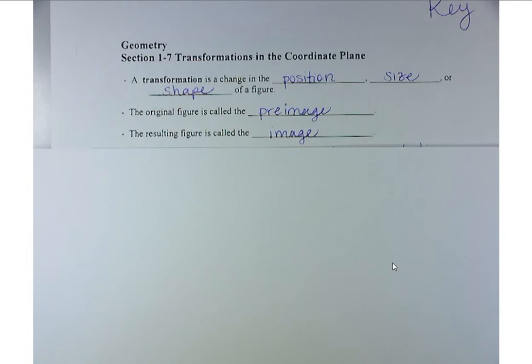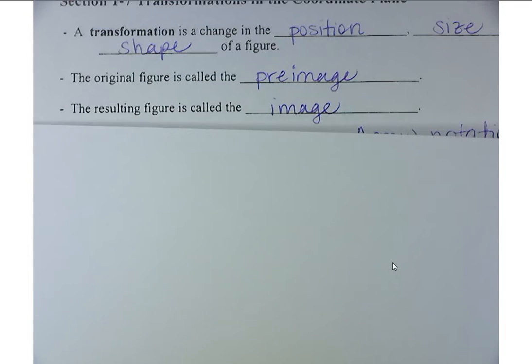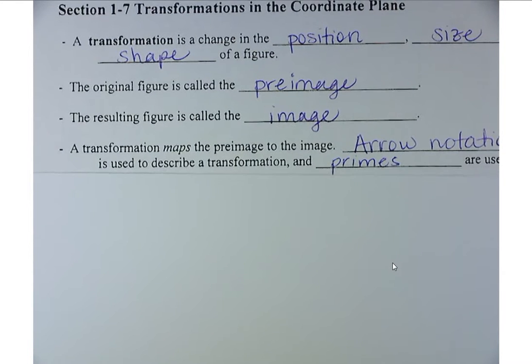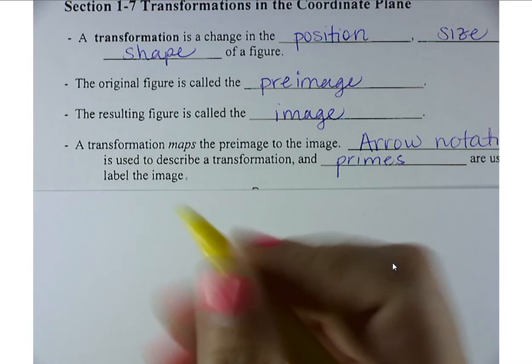So the original figure is called the pre-image, and then whatever figure results after you do the transformation, that is called the image. A transformation is going to map, we say that it maps the pre-image to the image.